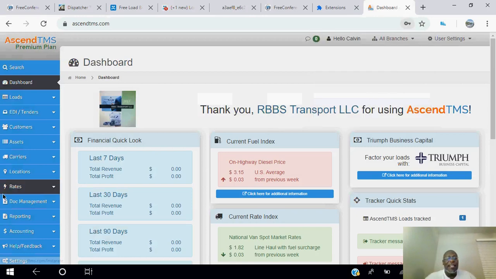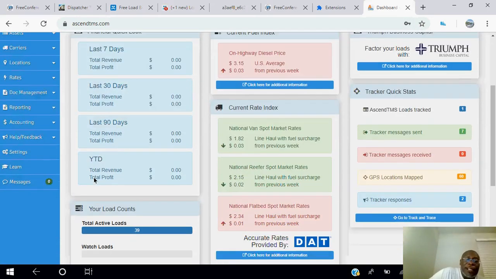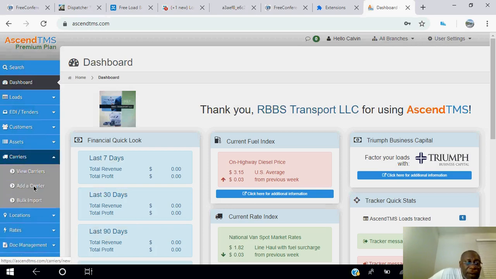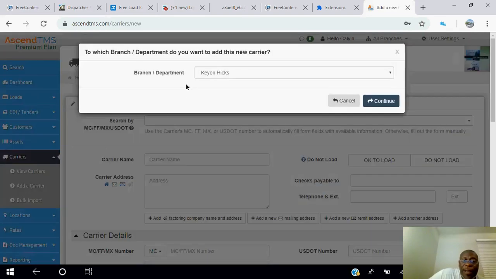Okay. All right. Now, what's going to happen is he's going to go to something that's kind of like this. This is what most brokers use. I have this because when I was a broker, I used to do the same thing. Where it says carriers, view carriers, add carrier, you're going to click right here, add carrier.